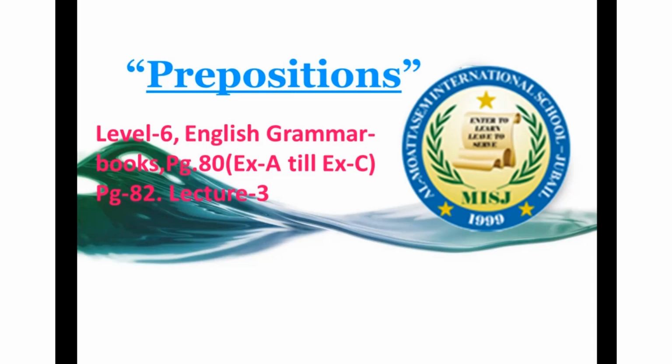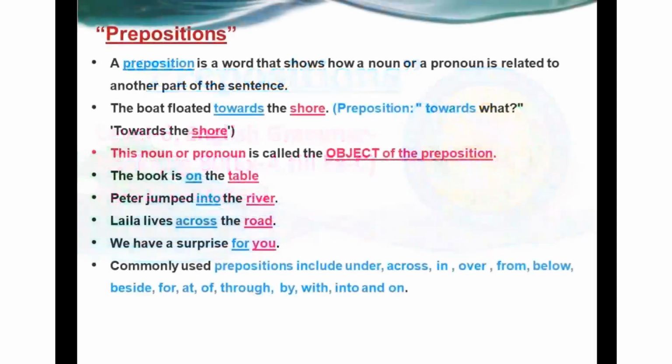Open page 80. We will start with exercise A. Let's begin from the explanation part. Students, we'll be talking about prepositions. These are words that give you an idea about the position of something. They are generally used with nouns or pronouns.